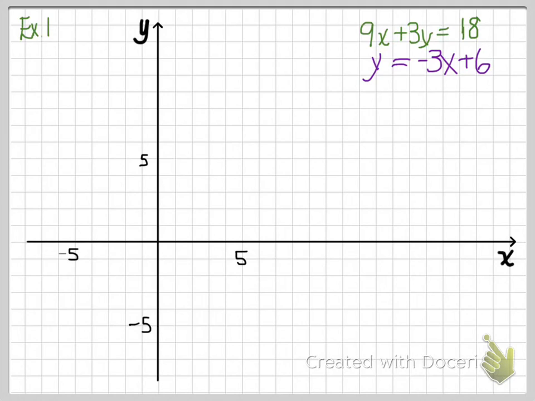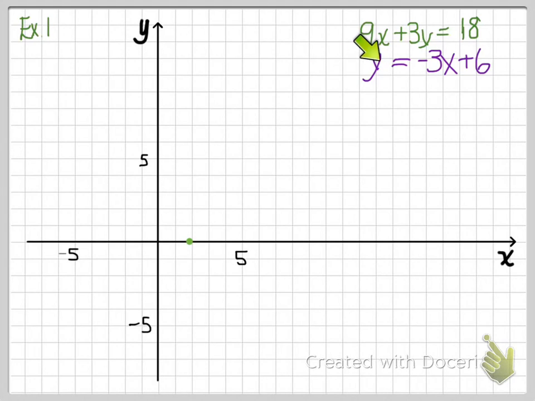So x equals 2 is a point on my graph. And we can go ahead and plot it. Right there, roughly. Okay, so that would be the x-intercept.